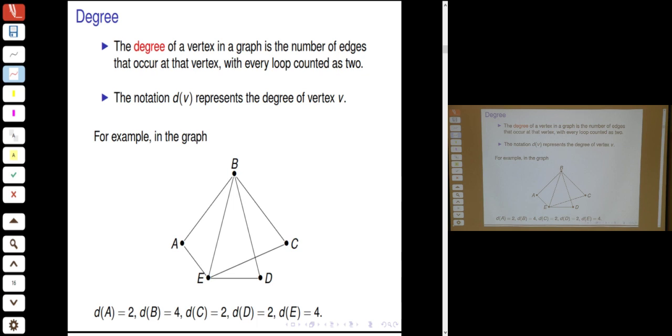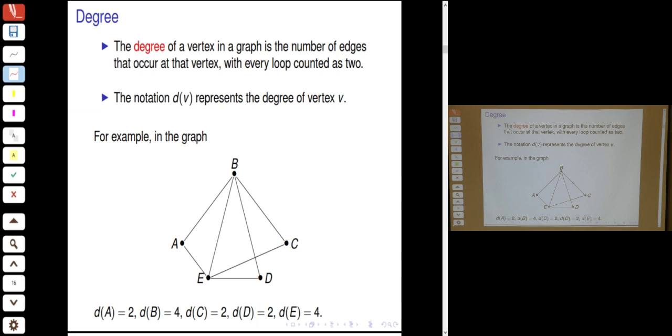So the degree of a vertex in a graph is the total number of edges that occur at that vertex. Let us try to understand the concept of degree using the example of the Facebook graph. In a Facebook graph, remember the nodes or the vertices are the Facebook users and the edges are the relationships of being friends between any 2 users. So what is the degree of a vertex?